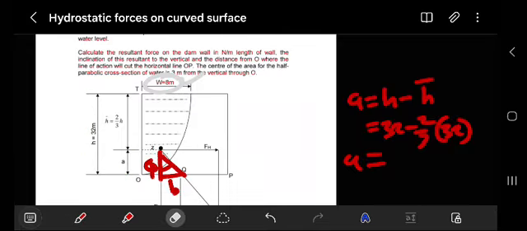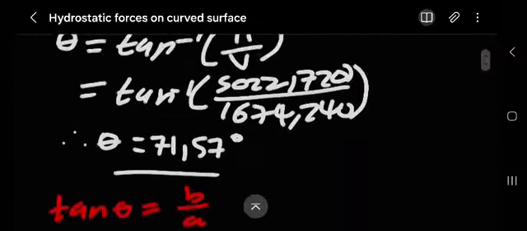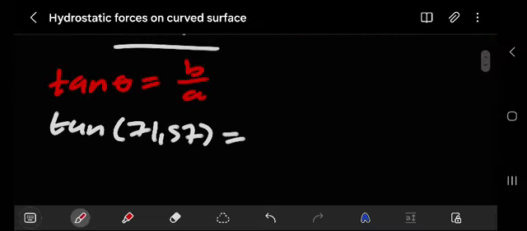Using that, let's find the value of A. This will be 10.667, maybe you can say 10.67 meter. So we have the value of A there. So tan theta is B over 10.667.